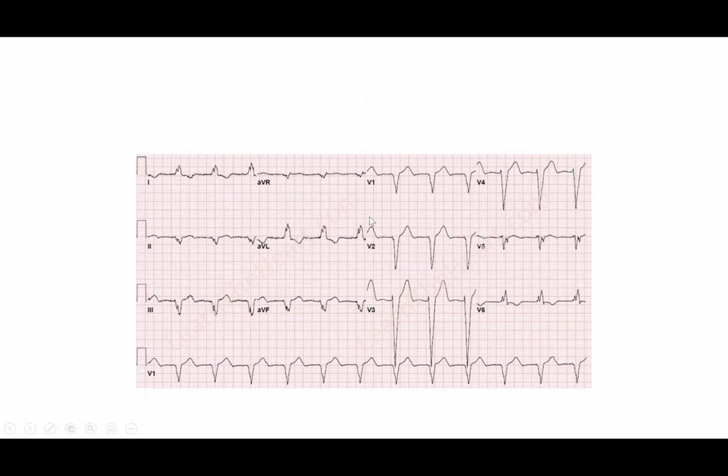So pretty much the same thing here. P waves present, maybe, possibly. Hard to tell.